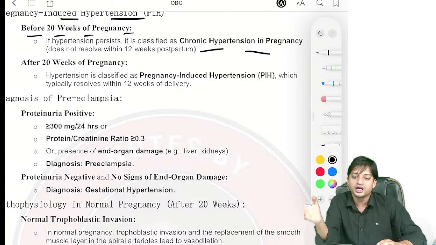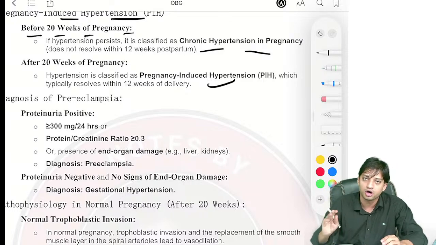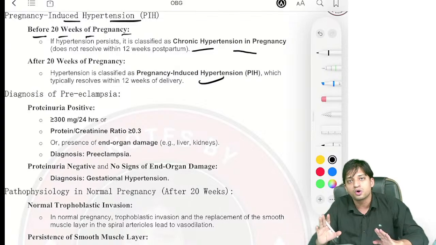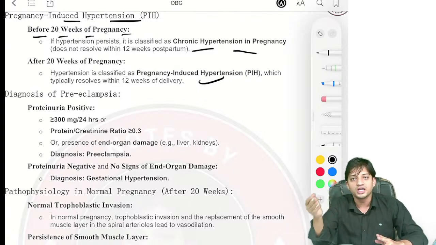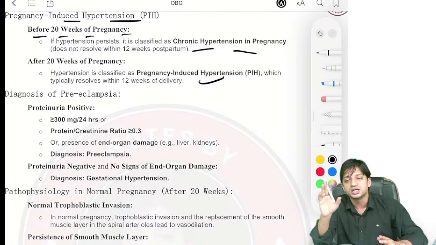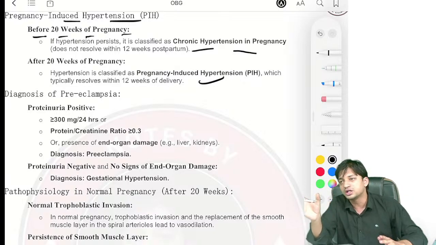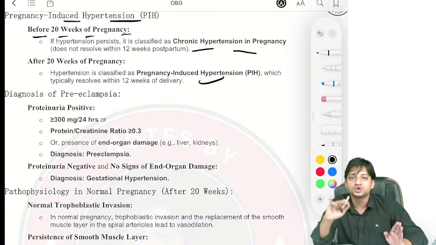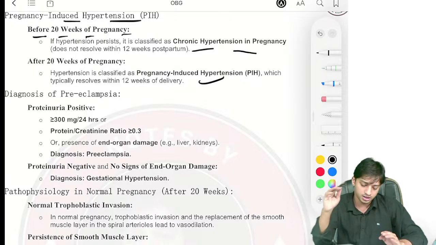But after 20 weeks of pregnancy, if the mother develops hypertension, it will be called PIH or pregnancy induced hypertension, right? And it should resolve within 12 weeks of delivery. That means after the delivery of the fetus, the hypertension symptoms in mothers should subside or go back, right?